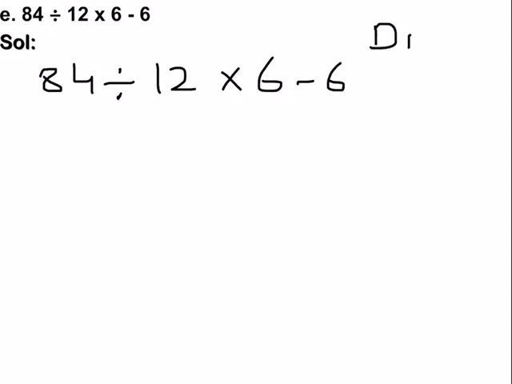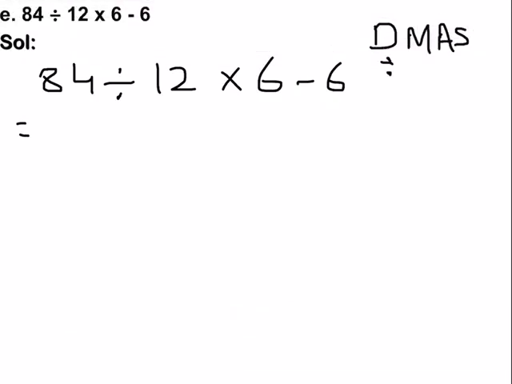We will solve according to DMAS. I have already told you D for division, M for multiplication, A for addition and S for subtraction. Okay. In this question there is 3 operations, that is division, multiplication and subtraction. So student, according to the mass, first we will solve division.